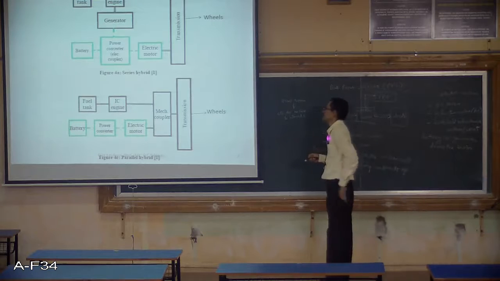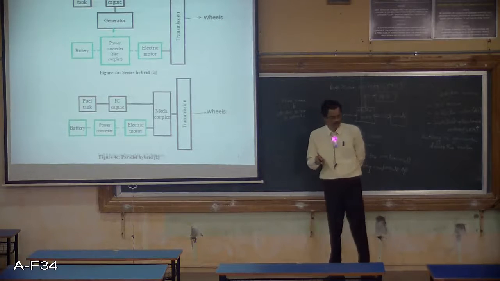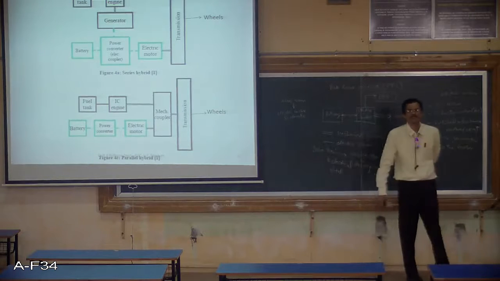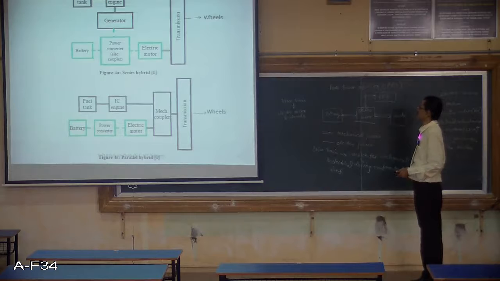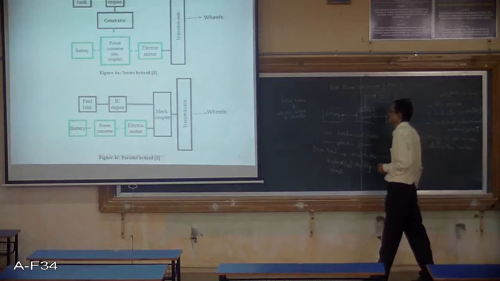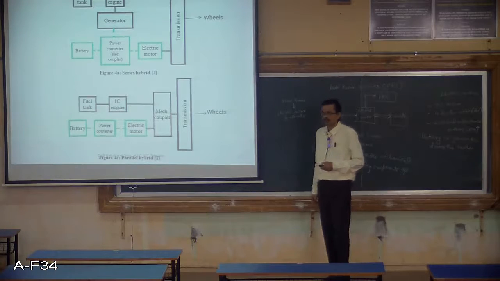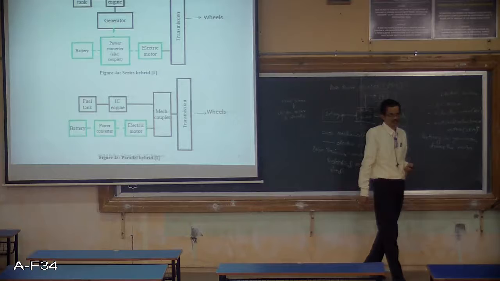Now the advantage of using the IC engine, in both cases, whether parallel hybrid or series hybrid, is that it can provide the variable torque which is required by the wheels. This IC engine can provide variable torque within a very short time duration.